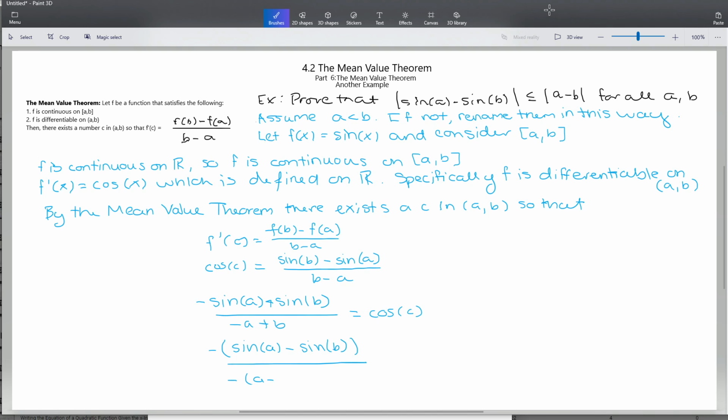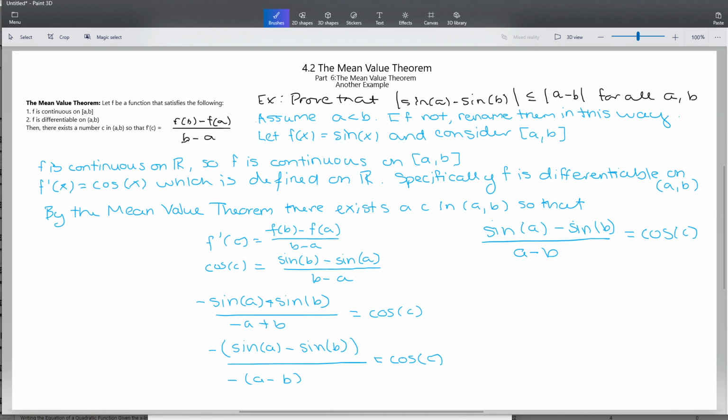A minus B. Now you can see that the negative signs are going to cancel. All right, so I have sine A minus sine B over A minus B is equal to cosine C.